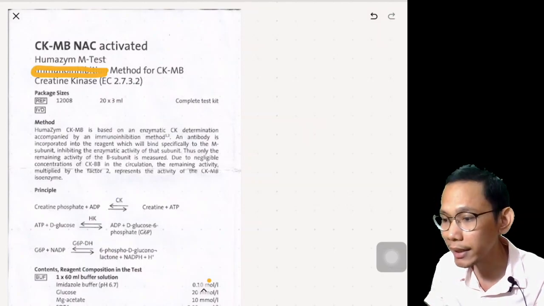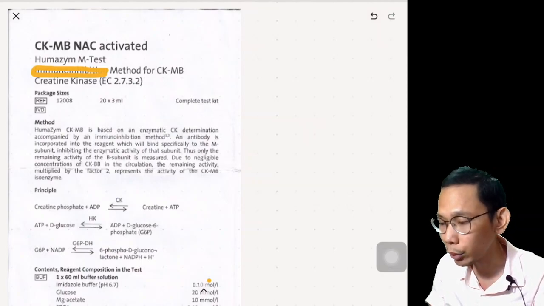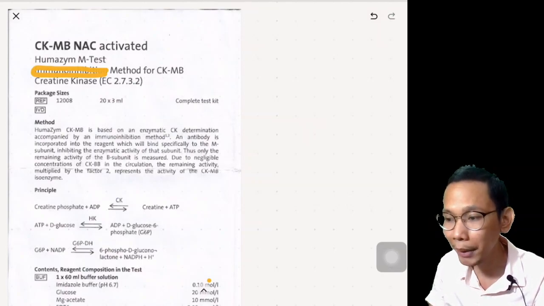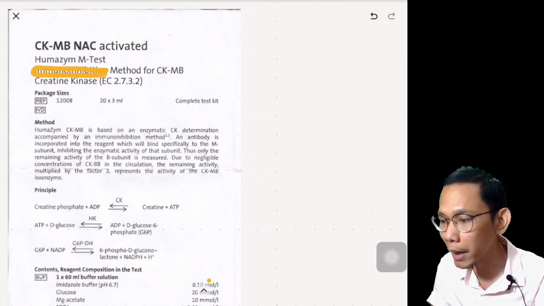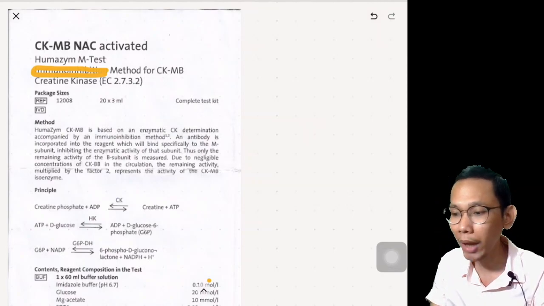An antibody is incorporated into the reagent which will bind specifically to the M subunit inhibiting the enzymatic activity of the subunit. Thus, only remaining activity of the B subunit is measured. Due to the negligible concentrations of CKBB in the circulation, the remaining activity multiplied by the factor of 2 represents the activity of the CKMB isoenzyme.